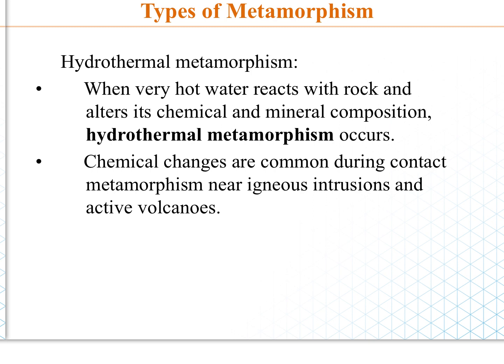So if you've heard of Old Faithful, that's a geyser that keeps erupting superheated water. But there's a lot of hydrothermal activity going on down there. We also have hydrothermal vents in the bottom of the ocean, so lots of metamorphism can occur down there. Right, so here it says near igneous intrusions and active volcanoes.